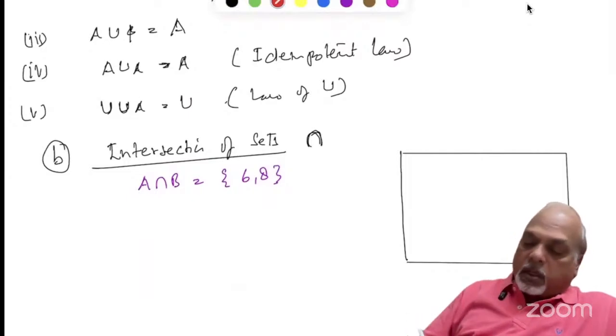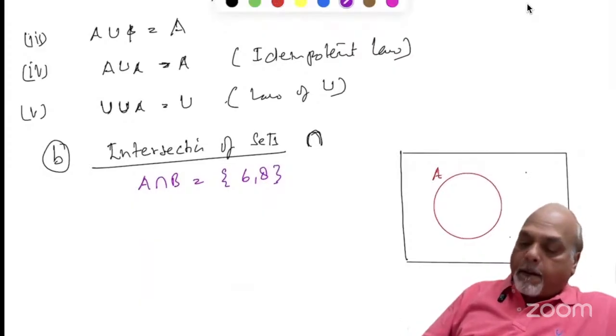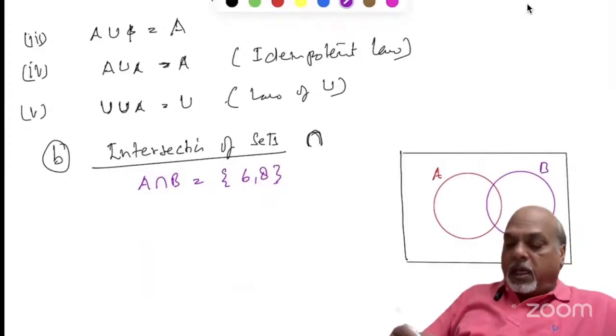Suppose you have a set A, you have a set B, then A intersection B means the common portion of these. So what is the common portion?